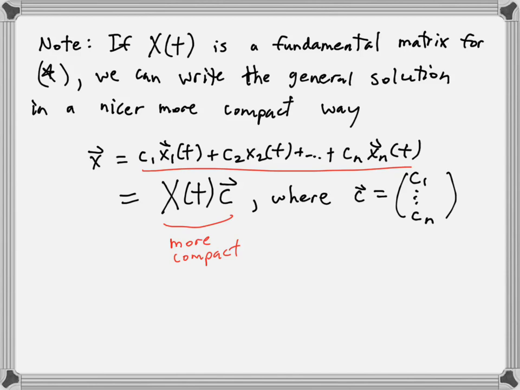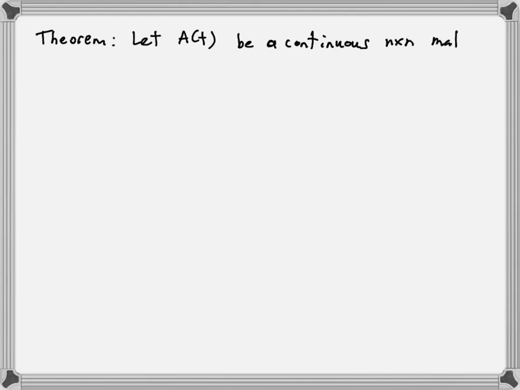So let's go back and discuss this a little bit further. So we have a nice theorem. What's true about homogeneous systems? Homogeneous equations have a lot of nice things about them, just like homogeneous regular differential equations have nice things about them. So let A of t be a continuous n by n matrix function.